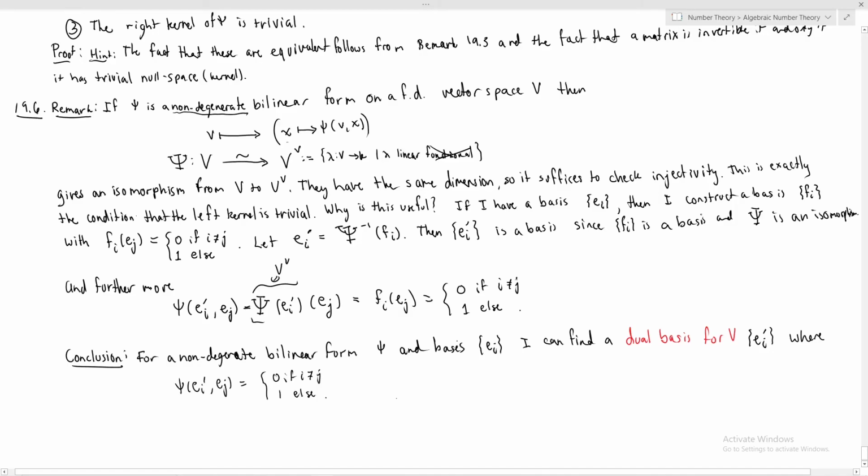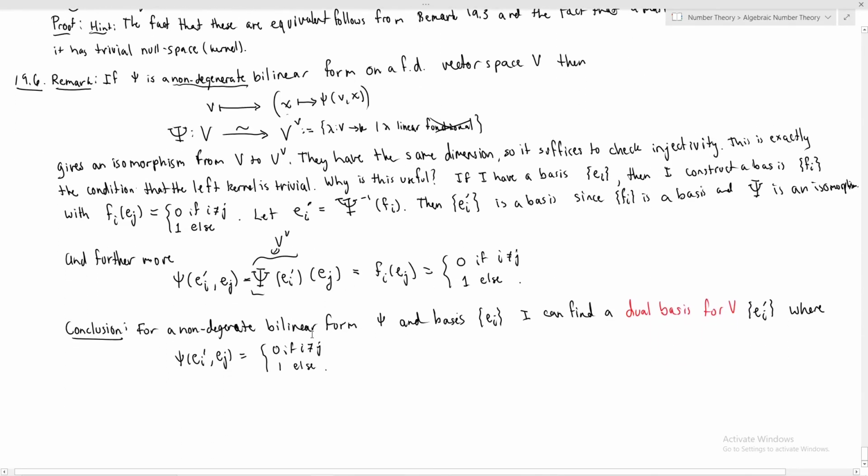The plan going forward is that psi is going to be the trace bilinear form. We're going to show this trace bilinear form is non-degenerate by computing the discriminant using a little Galois theory and our formulas for trace.